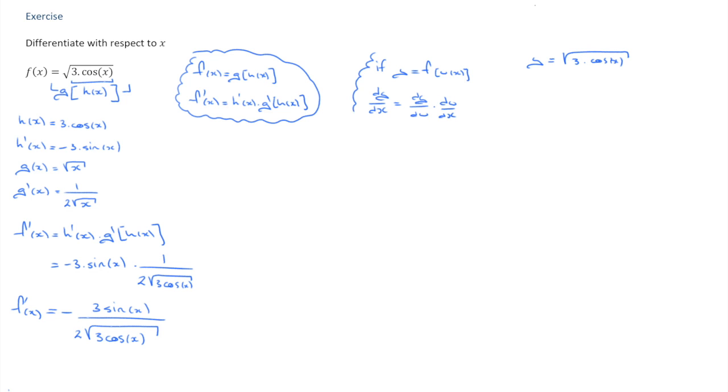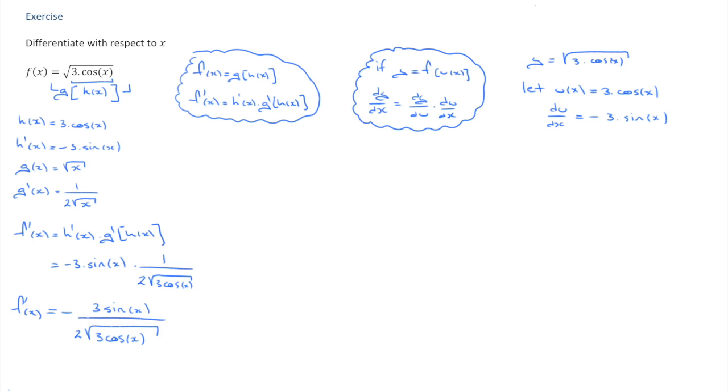And that's just another way of writing this first formula. So, quickly boxing that, there we go. Now we're going to let u, or u of x, equal 3 cosine of x, so that its derivative, du dx, equals negative 3 sine of x.